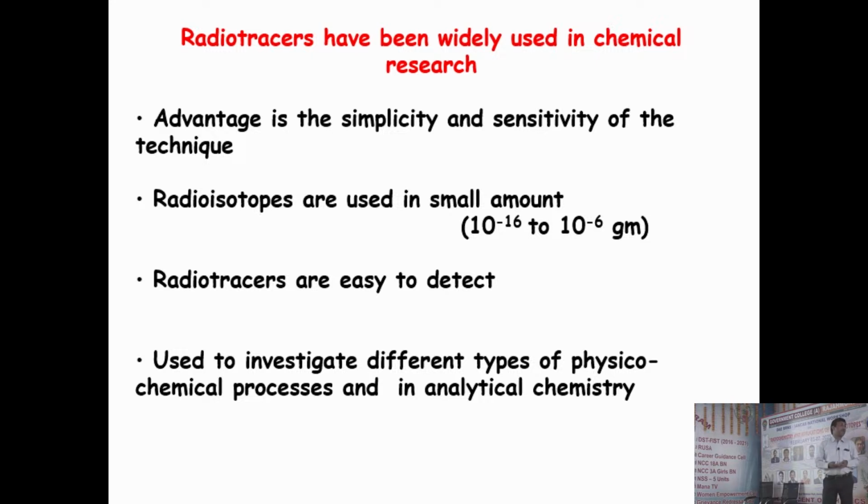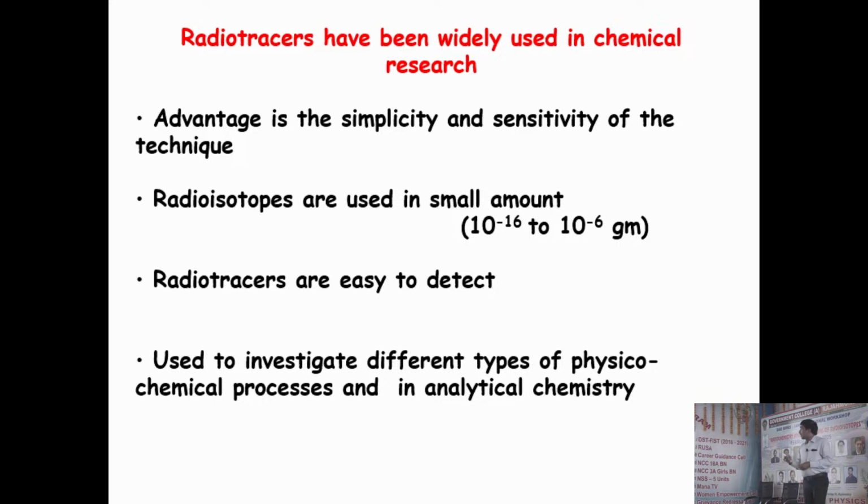Why are we saying radio tracers? Because the advantage is the simplicity and sensitivity of the technique. Suppose you want to see how iodine is migrating in your process. You take a tracer, and because both are chemically the same, the radioisotopes are used in a very small amount, and radio tracers are very easy to detect. They are used to investigate different types of physico-chemical processes and in analytical chemistry.